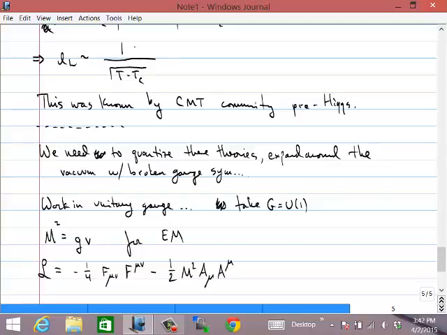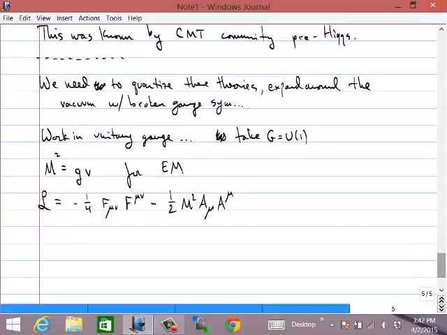Now, when we studied the quantization of electromagnetism in QED, we didn't include a mass term for the photon because that would break gauge invariance. But there's really not too much different that happens when you include a mass term, except that you have one more degree of freedom because you no longer have the gauge symmetry of the theory.